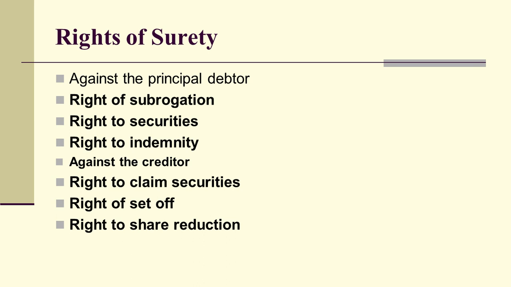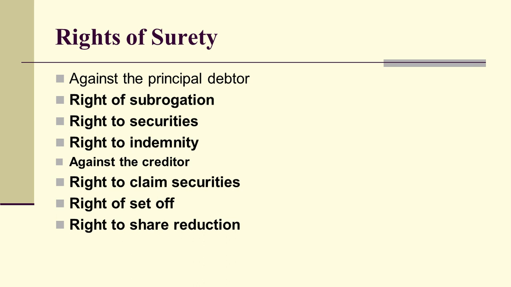Surety also has the right to be indemnified. If losses are incurred, the surety has the right to recover all those losses from the principal debtor. So these were the rights against the principal debtor: he has the right to subrogation, the right to security, and the right to indemnity.